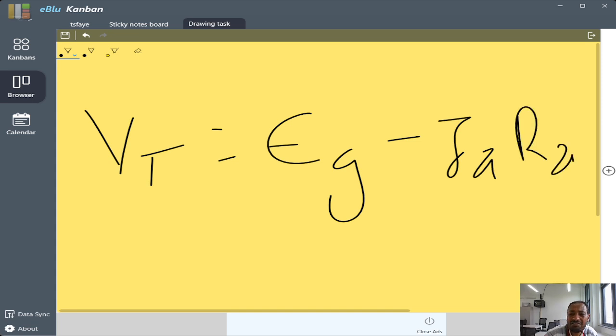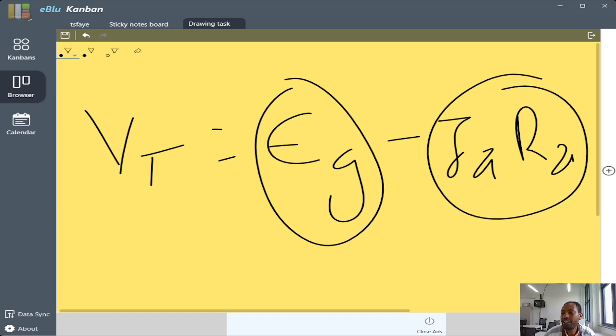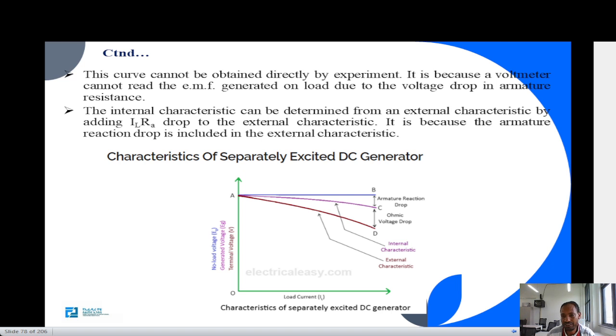So if this is very small, and we also have the ohmic drop in the armature, IA RA, then this is going to be very small and very difficult to measure.